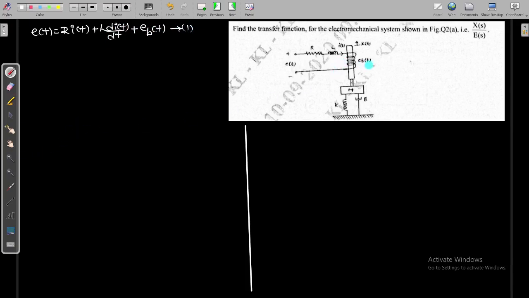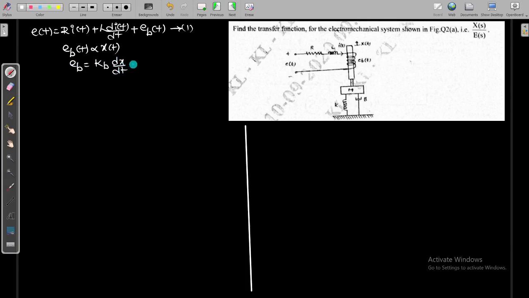Whenever you apply this back EMF, you are expecting a displacement. So Eb(t) will be proportional to x(t). For simplification, I am writing Eb as Kb into dx(t) by dt.